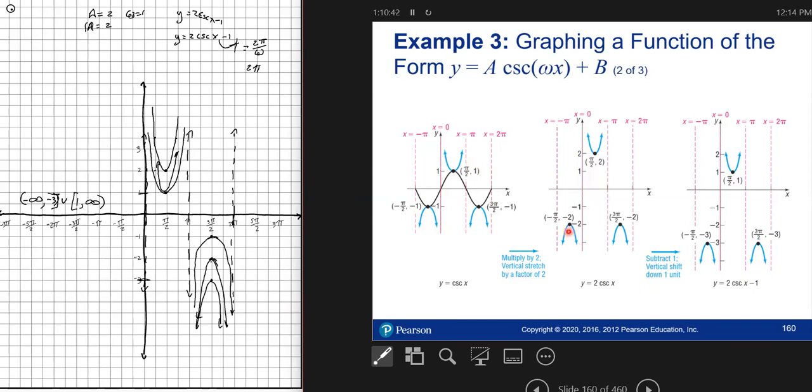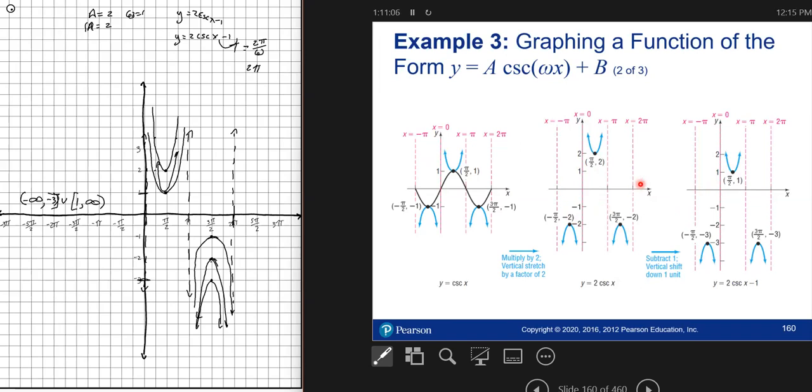So it went more negative, and again, it got steeper here. And then there was the vertical shift, which was moving everything down 1 unit. And so it's the exact same shape, except everything got shifted down 1 unit.